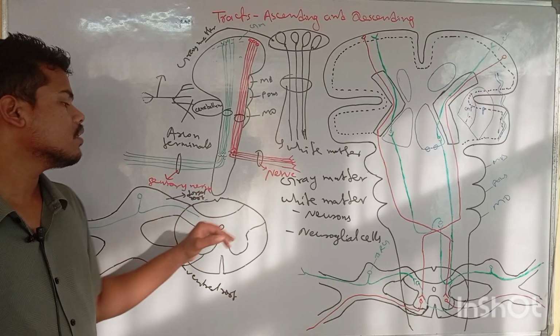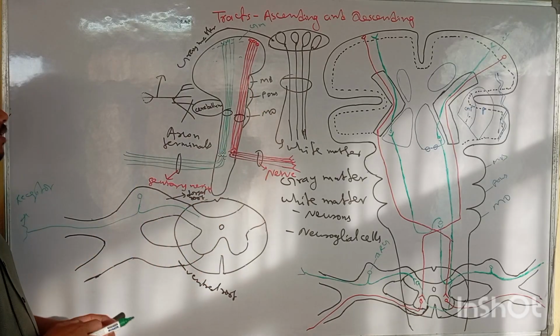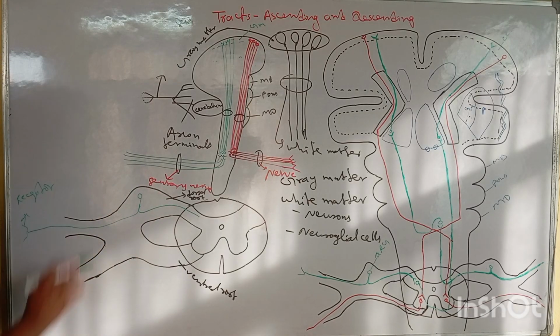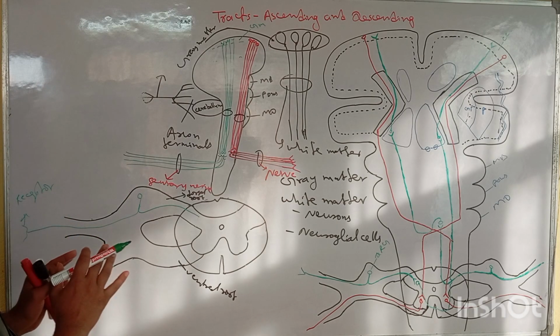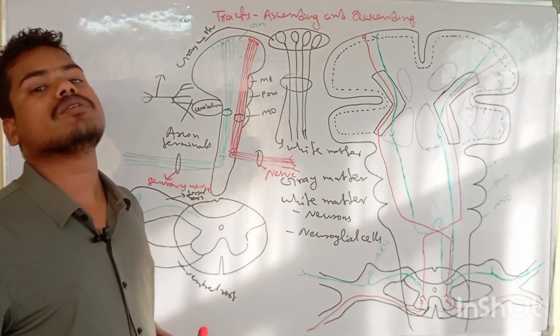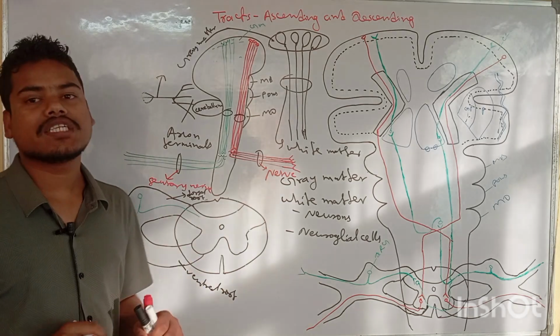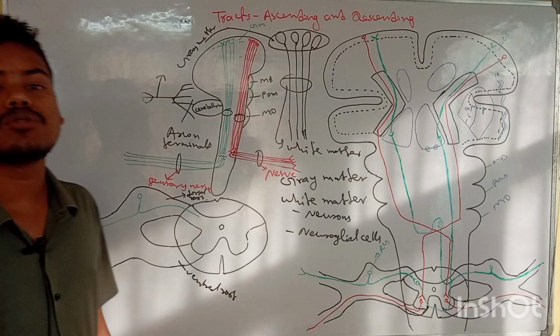The message will be transmitted or delivered. So for generation of the action potential, there must be something called the receptor, and a receptor in simple words is a biological transducer. So the question will arise, what is meant by transducer?